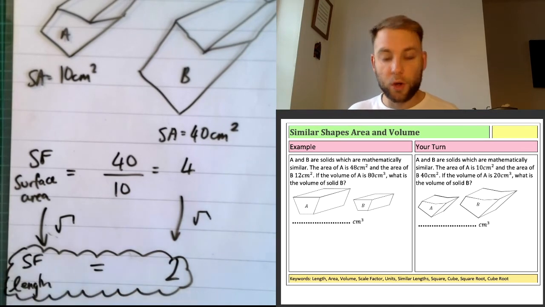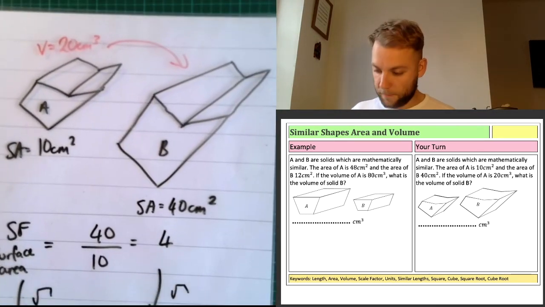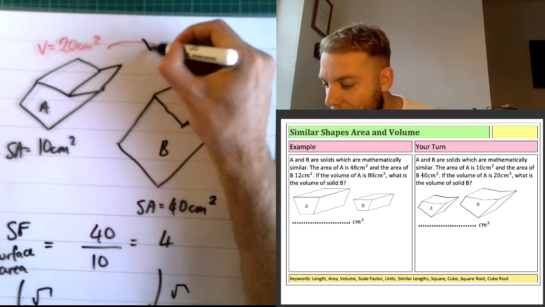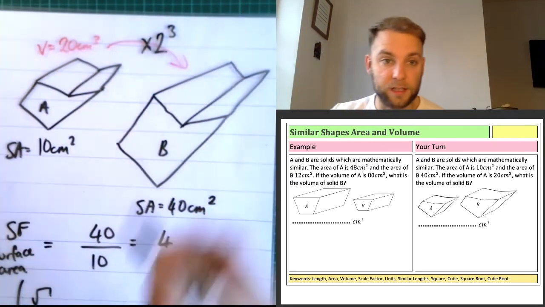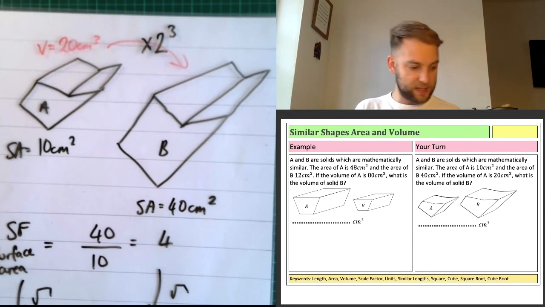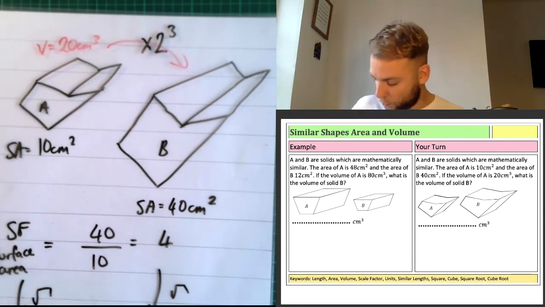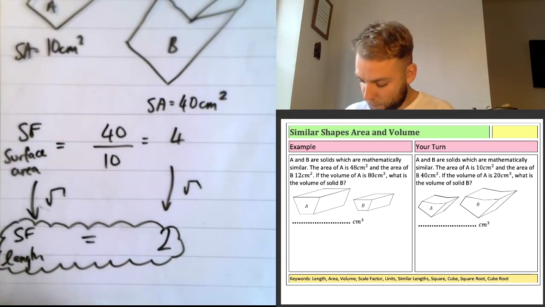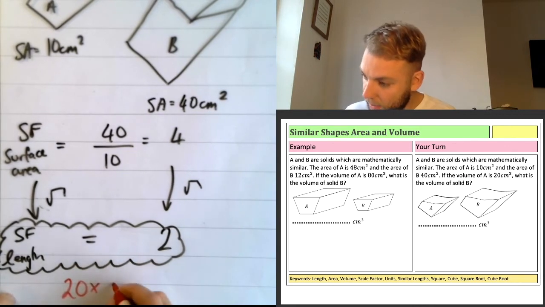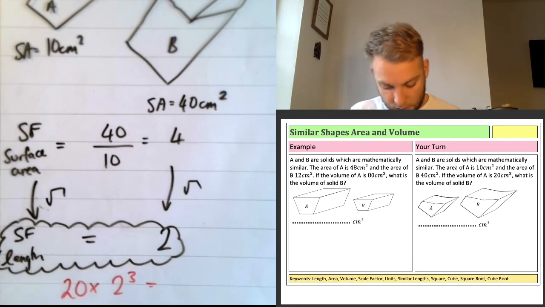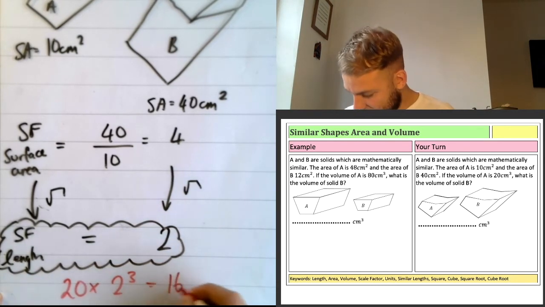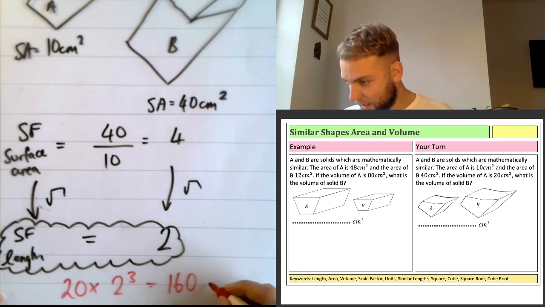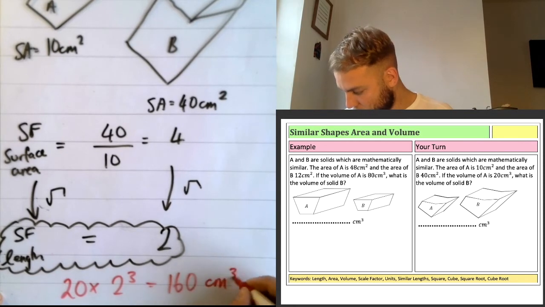Because I'm trying to work out the volume of B, I know that I'm going to be timesing by the scale factor for the lengths cubed, because it's volume. So it's going to be 20 times 2 to the power of 3, which is equal to 160 centimeters cubed.